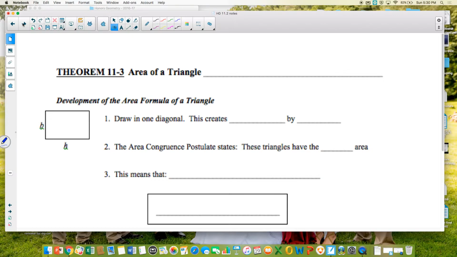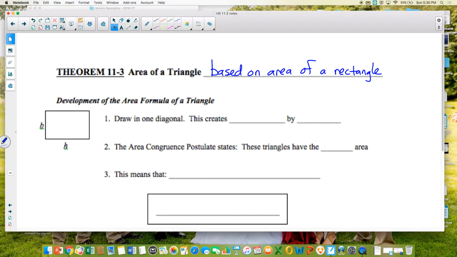Theorem 11.3, area of a triangle. The area of a triangle is also based on the area of a rectangle.